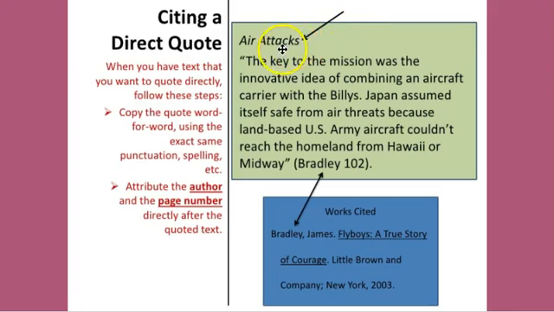So this is the title, Air Attacks. Here's the quote, here's the author, and the page number. And in a research paper, you would have a works cited page, and it should match what you have in your citation here, which should be the first word in the works cited.